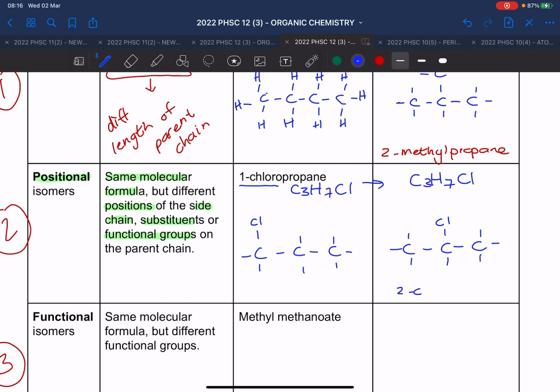You're on the right track with propan. Do you see an ol? Do you see an OH? 2-chloropropane. All right.